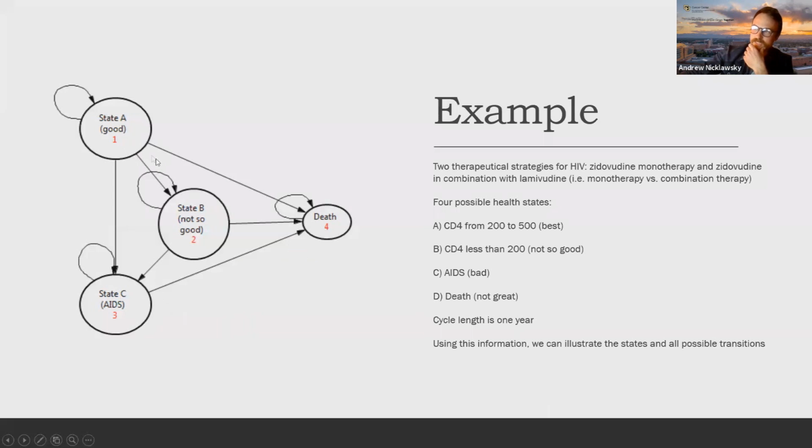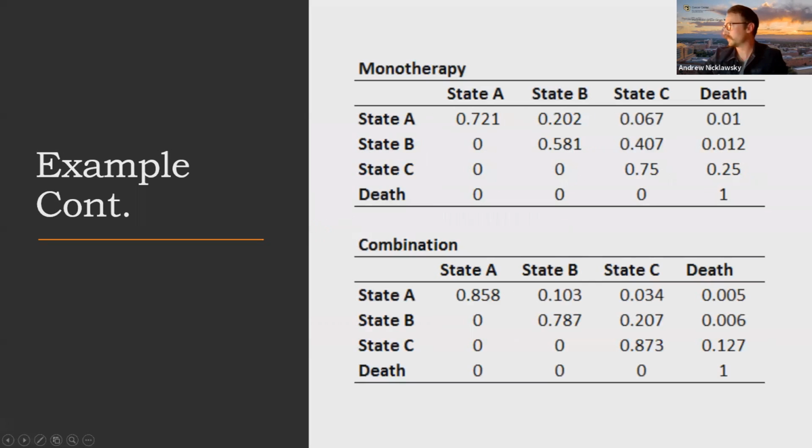So these arrows represent the states that we can go to. And some of these arrows point to themselves because, for instance, death is considered an absorbing state. There's no way to return from death that we know so far. And people who are dead stay dead. The other thing is, like I said, this is an old example, so it is possible to return from AIDS, but this is an older example.